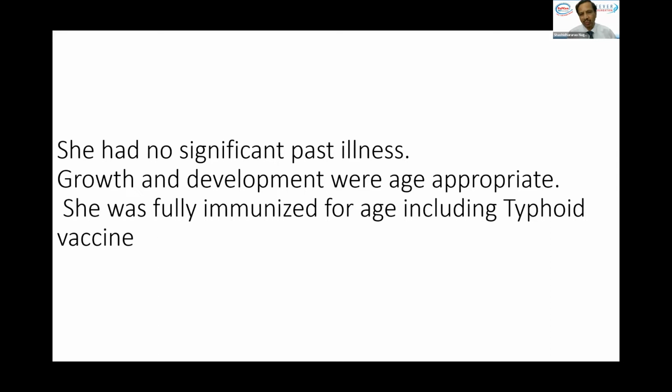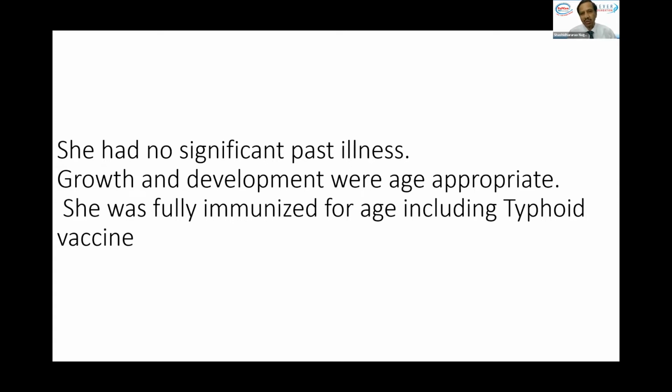Despite the child being immunized with typhoid vaccine, still paratyphoid infection is possible. That is one consideration that we need to keep in mind. Now, at this point in time, I would like to ask myself three important questions. Am I dealing with a normal host or an abnormal host?